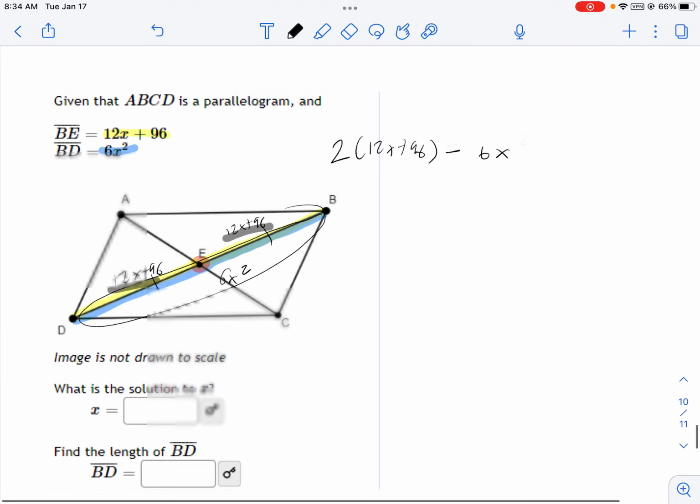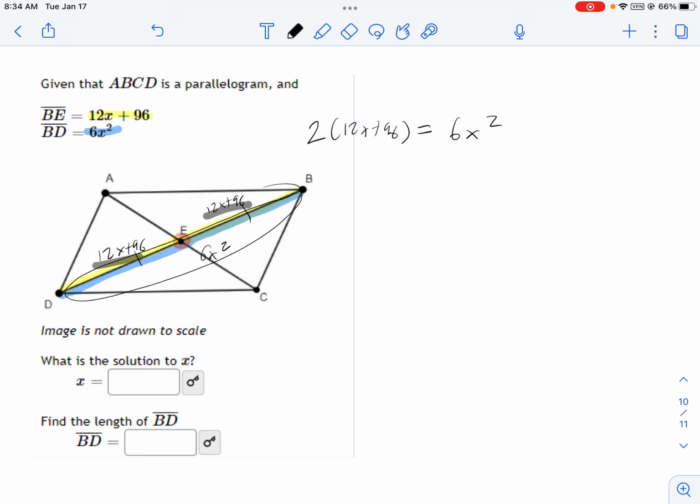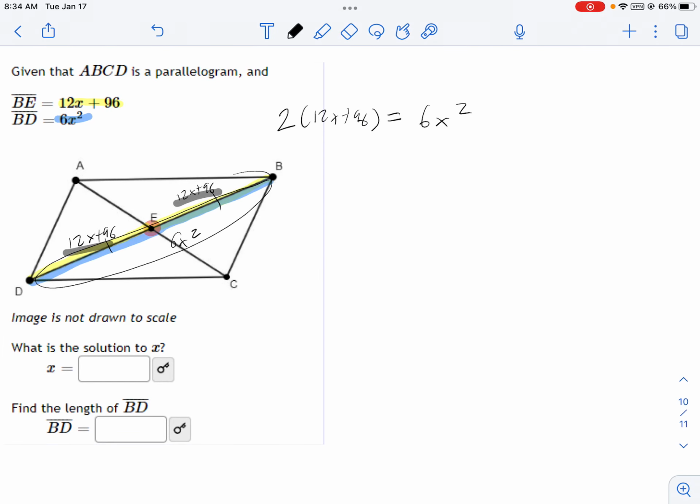Another equivalent way to set this up: we know it's 2 of the small portions to give you the big one, or you can take half of the large portion, our blue line BD, and that should equal 1 of these smaller portions.